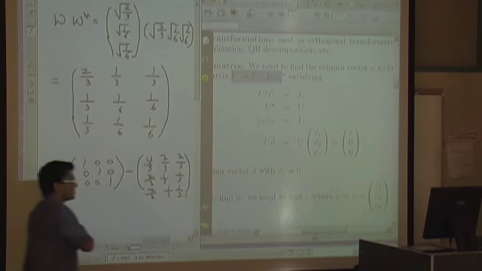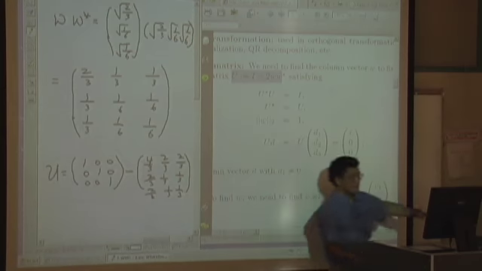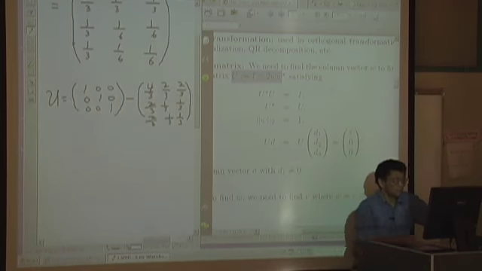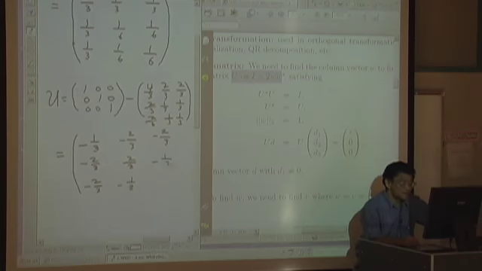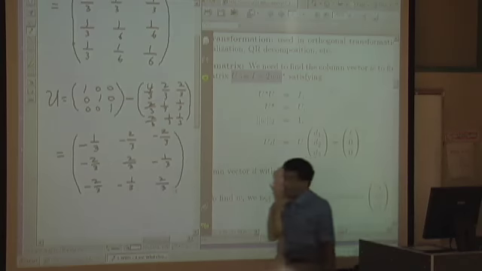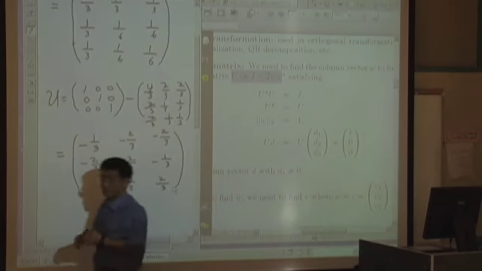Then the final step is just subtraction, then minus 1/3, minus 2/3, minus 2/3, and then minus 2/3, minus 2/3, and then 2/3, and then minus 1/3, minus 1/3, 2/3. So now I completely determine the matrix U.